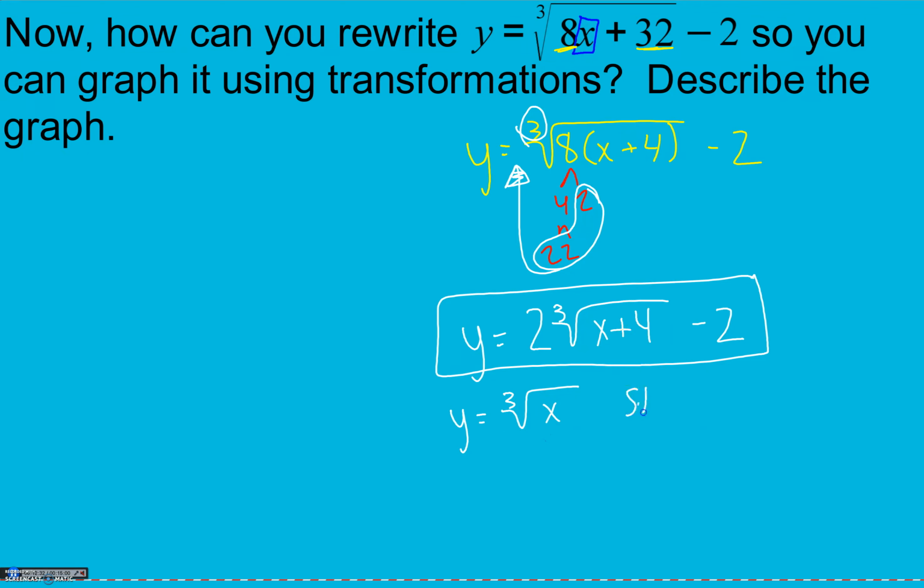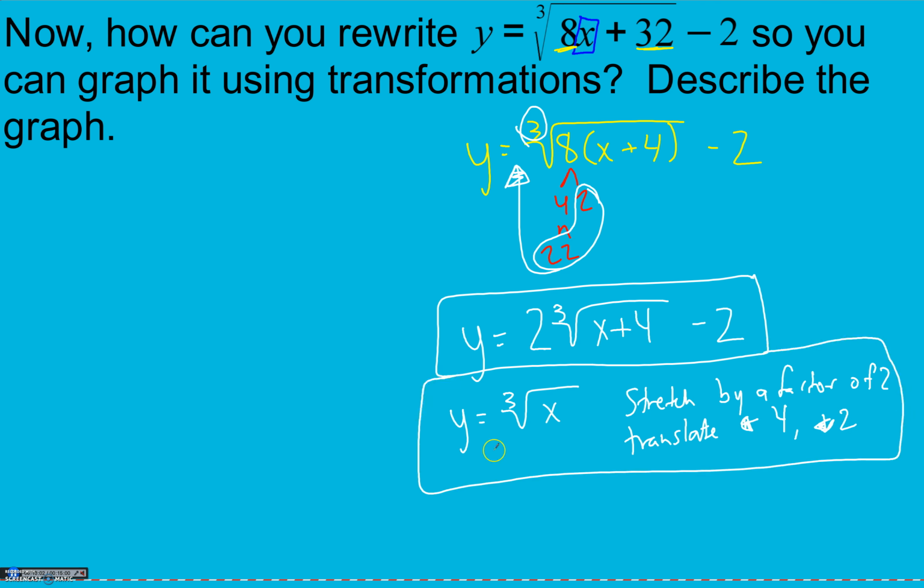I'm going to stretch it vertically by a factor of 2 because of this guy. My plus 4 inside my cubed root means I'm going to translate left 4, and the minus 2 at the end means I'm also going to translate it down 2.